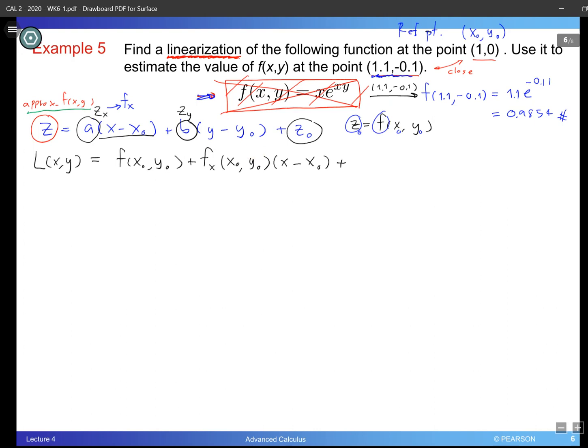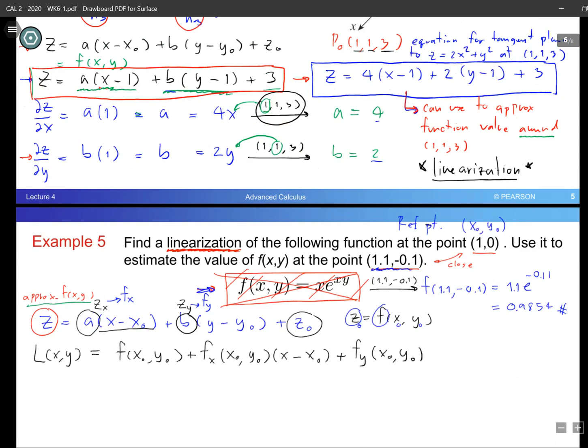And since z right here is the function value, this is going to be f with respect to y. So we can use that right here. Partial diff of f with respect to y, and we are going to evaluate this at x0 and y0, same reference point. And we did the same thing right here.